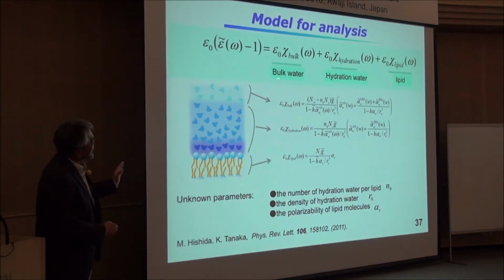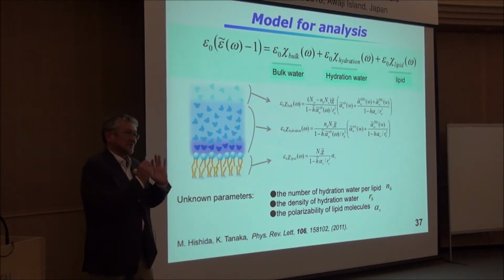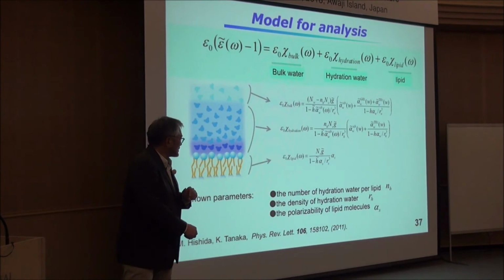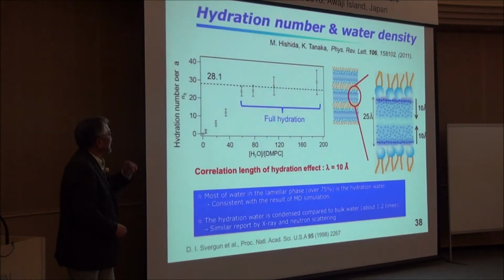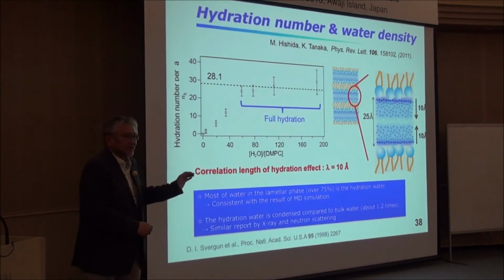We use a bulk water term, a hydration water term, and a lipid term, and also take the local field effect into account correctly. So only 3 free parameters. We fit the Terahertz spectrum using only 3 parameters, and we can determine the density of hydrated water. And this is the result.